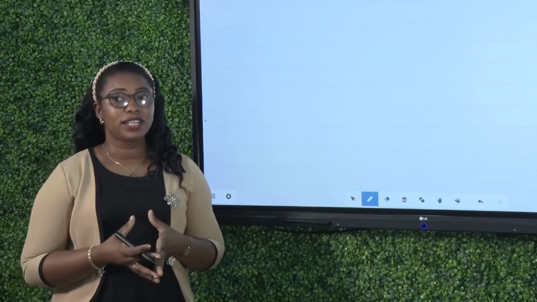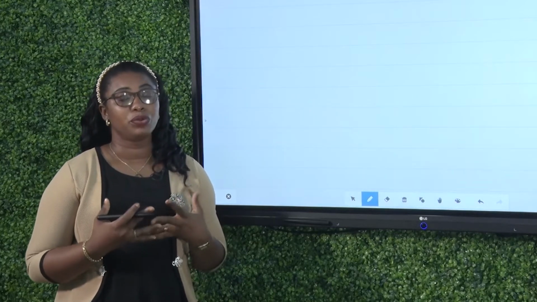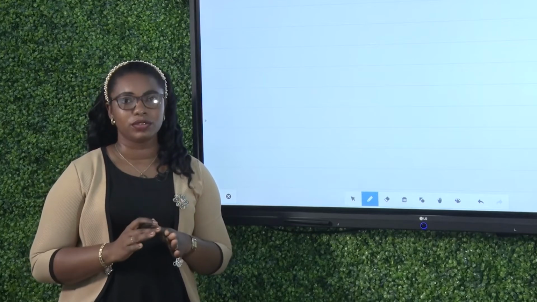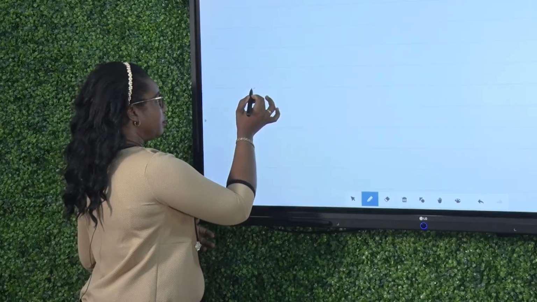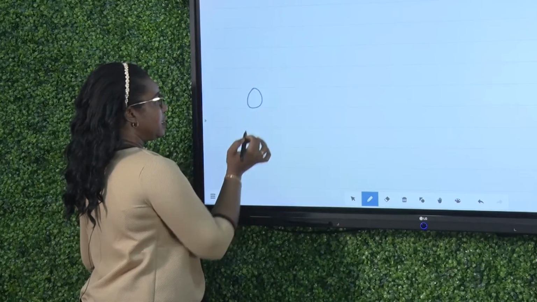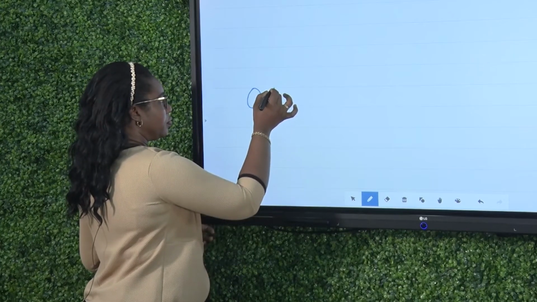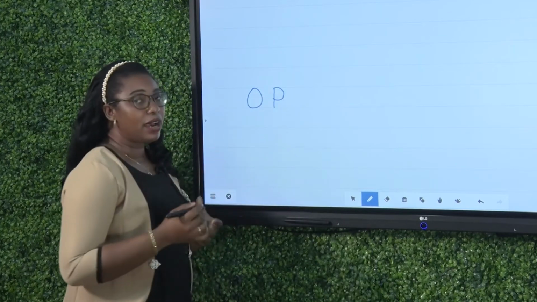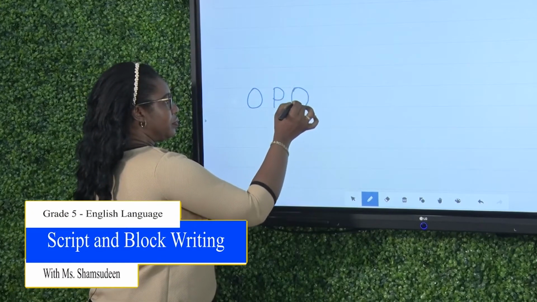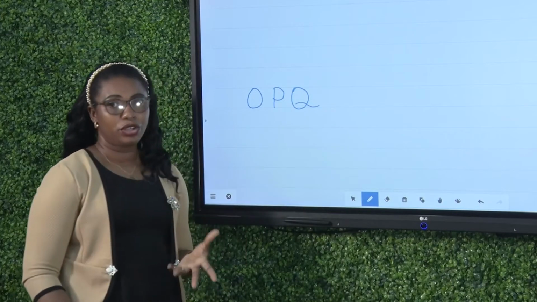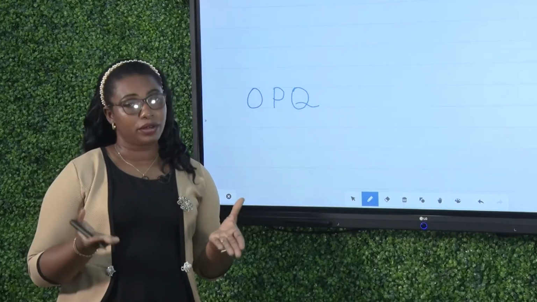For letters such as O, P, and Q, you should ensure that when forming them that they are closed because they're closed letters. This is the uppercase O. And there you have the P, and that's our Q. So you ensure that all your letters are closed.